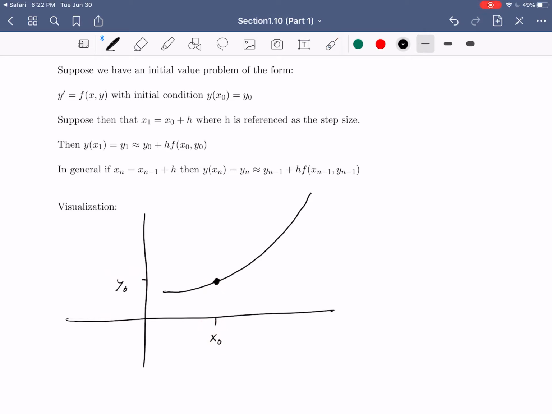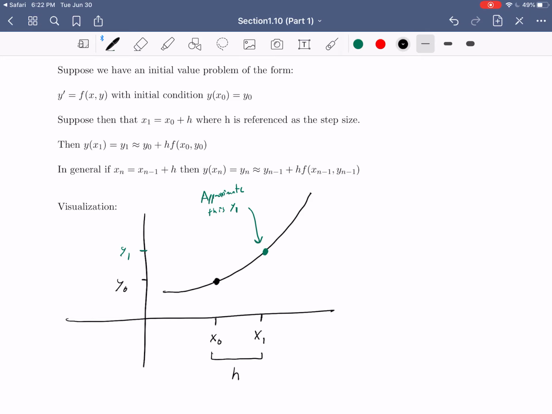What we're trying to say is if we wanted to figure out what happens, say, at x sub 1, where the gap here is h, so we're trying to approximate this value right here, which would be y sub 1. We want to try to approximate this y sub 1.